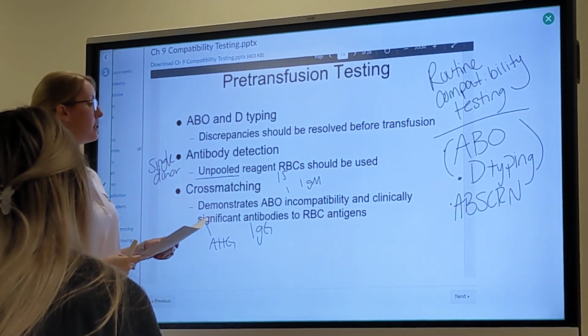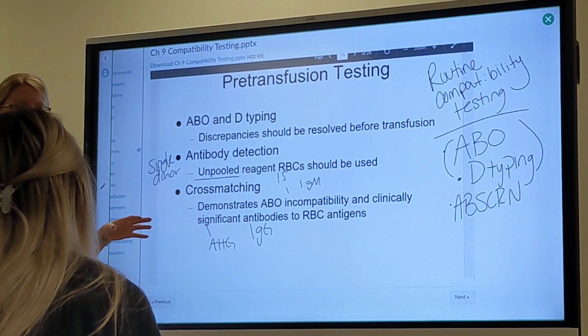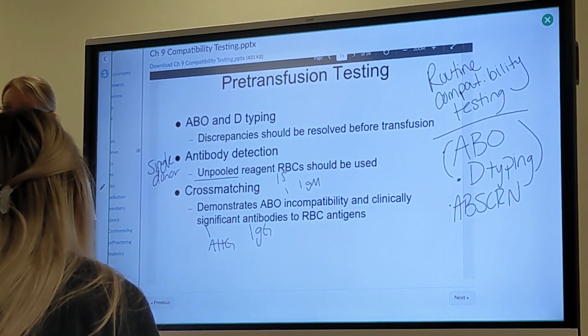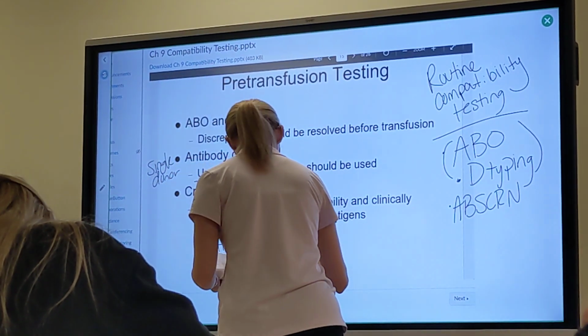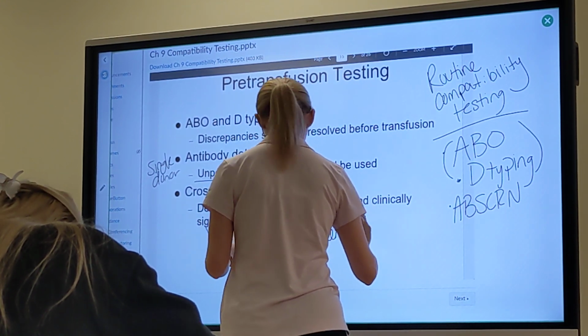Why are these people screened for antibodies also? To look for red cell allo antibodies. So that might be on the test. So they're screened for antibodies. So we technically just said that.